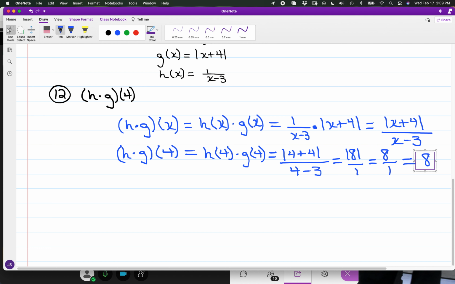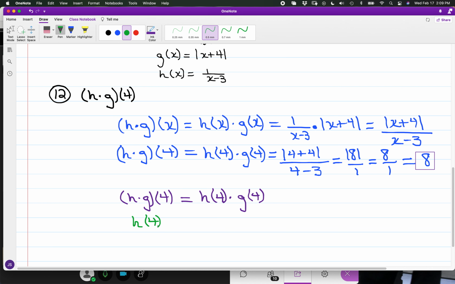And again, if I apply the specific case, so again for h times g of 4, so I have h of 4 times g of 4. Okay, so for h of 4, again referencing h of x, you have 1 over 4 minus 3, and you have 1 over 1, so h of 4 is equal to 1.